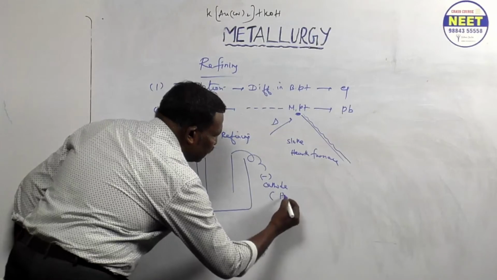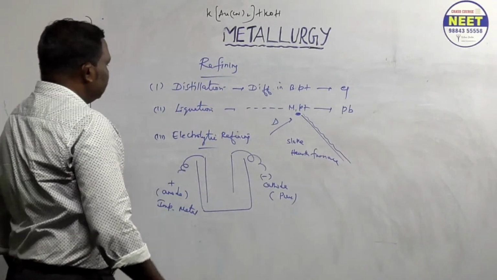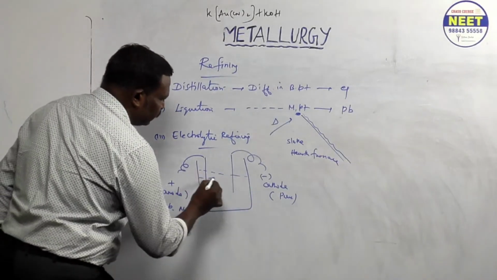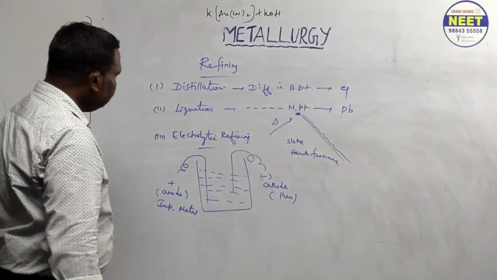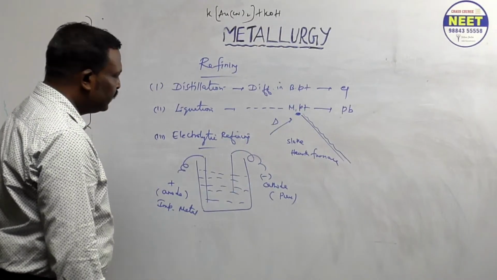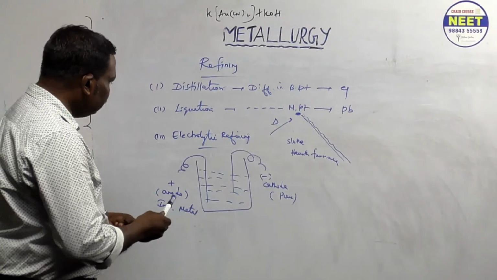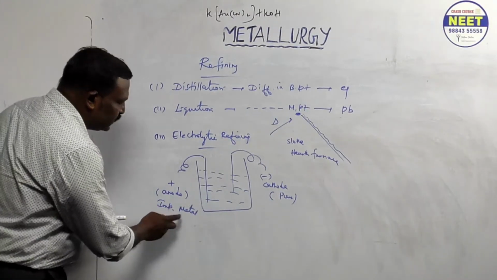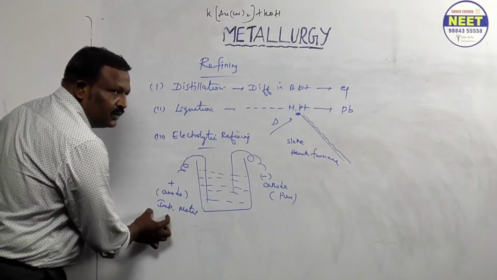Always pure metal. Understood? When you pass electric current, what happens? Impure metal means what? Pure metal plus impurities.